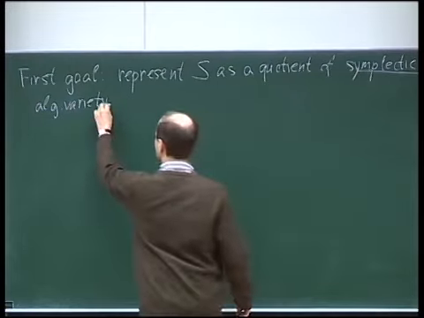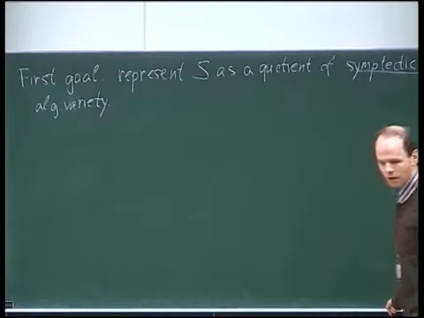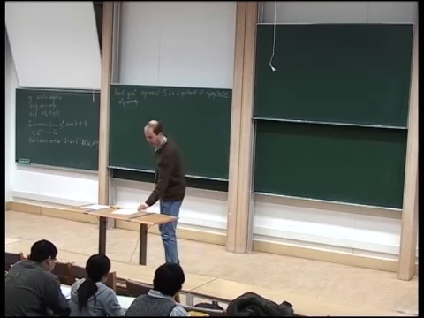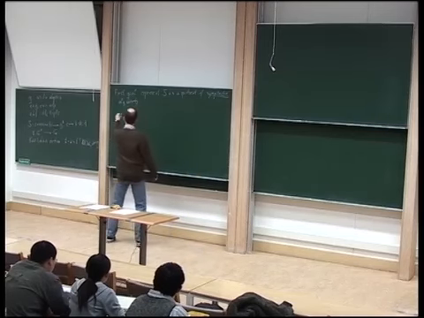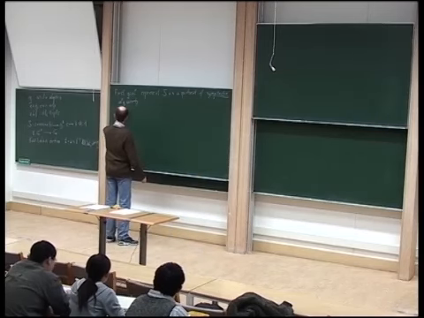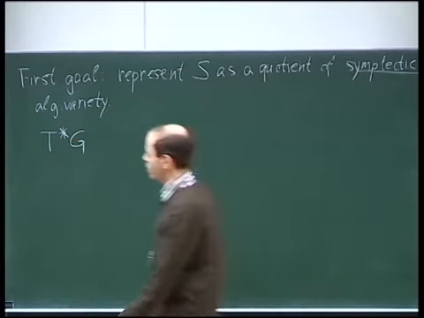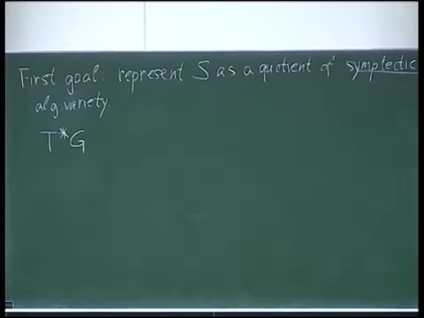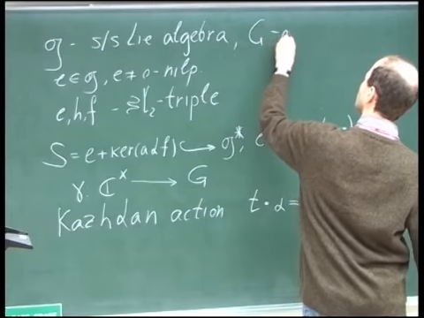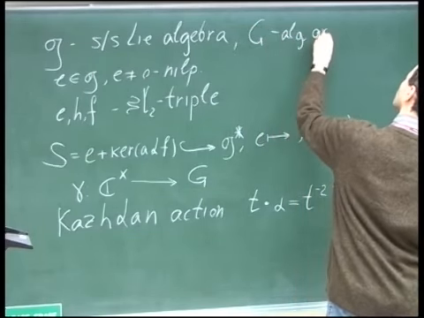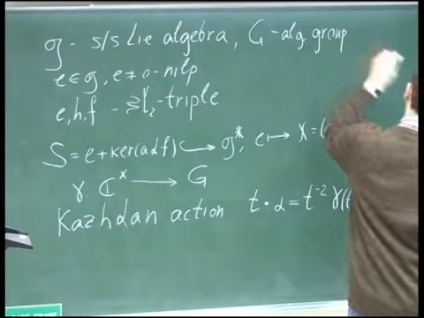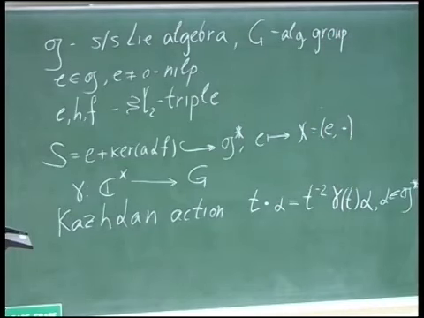Okay, so to do this, I first need to consider the cotangent bundle of the group G. Here G is an algebraic group with the algebra g.